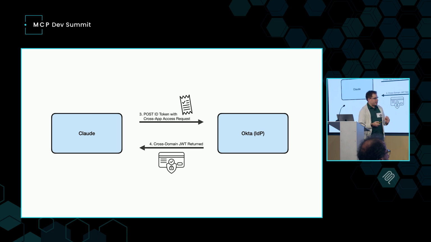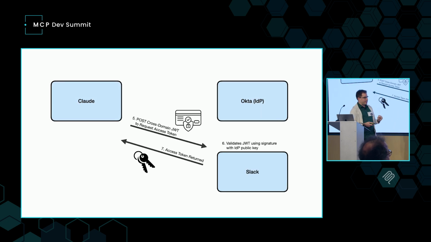Post back with that ID token saying, hey, I'm trying to get access to Slack or Google or whatever. Get a new temporary ephemeral token, take that over to the application it's trying to get access to. That, again with no user interface needed because it can check the signature just like it would have checked an ID token signature, can then issue the access token.